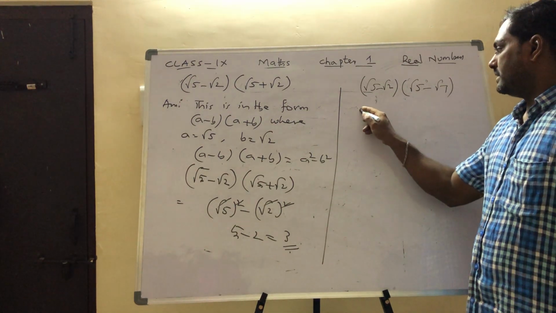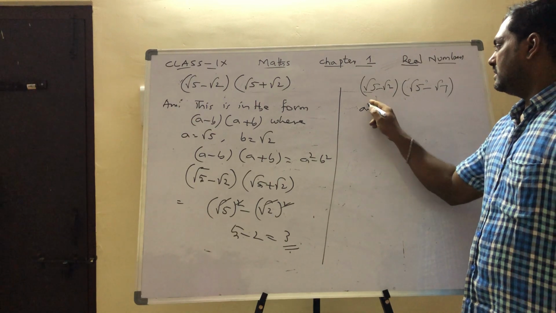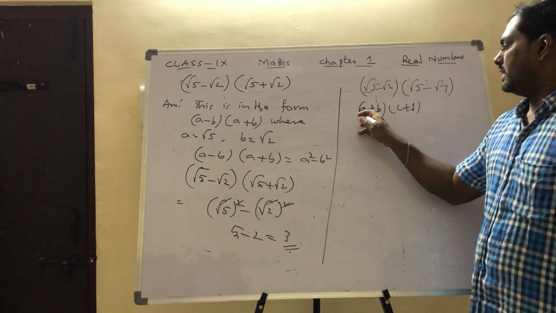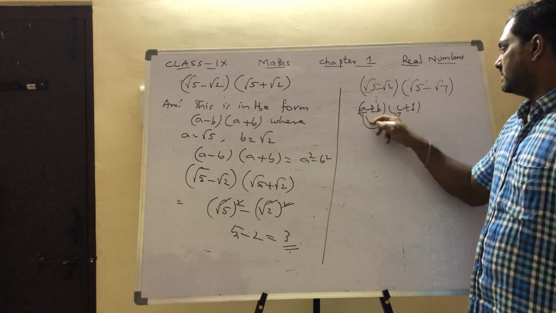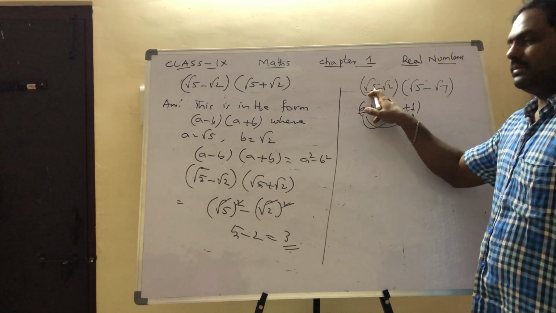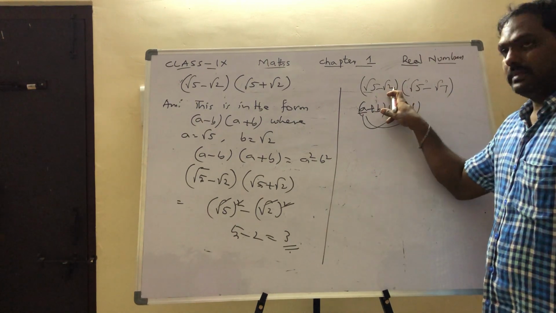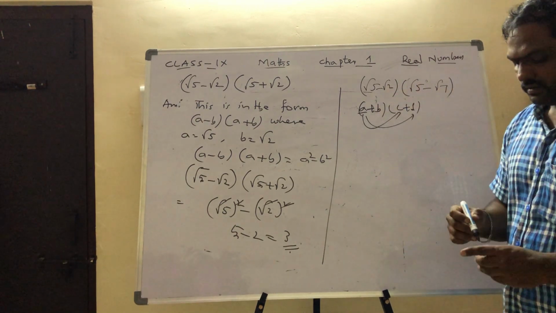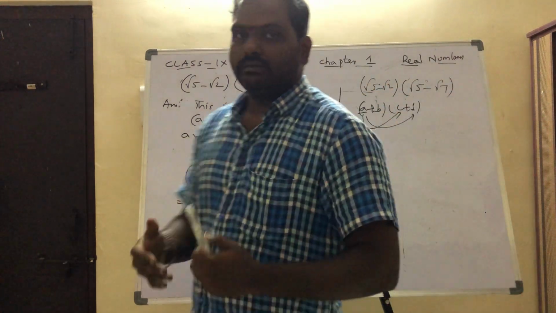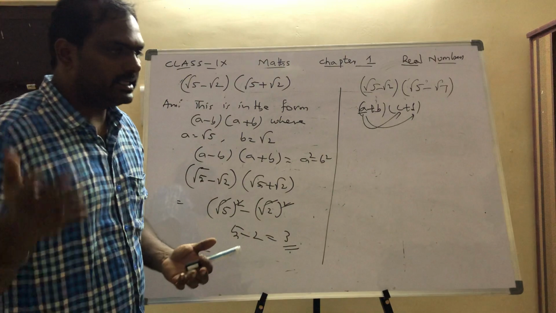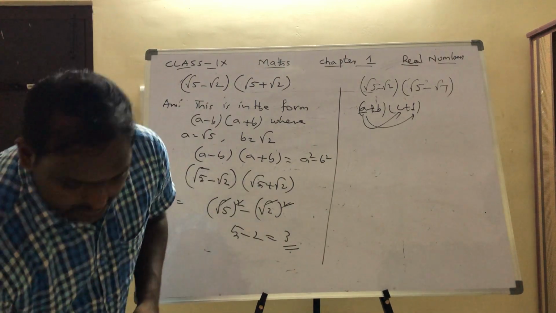In the previous one we did a plus b into c plus d. I have to multiply this with this and this. Root 5 should be multiplied with root 5 and root 7. Then root 2 must be multiplied with root 5 and root 7. These types of sums you will practice when you are doing the exercise sums.